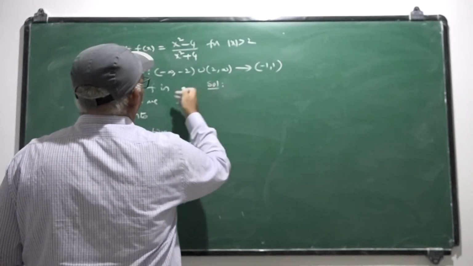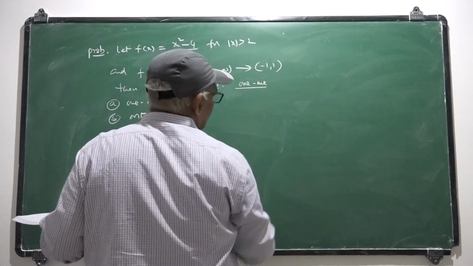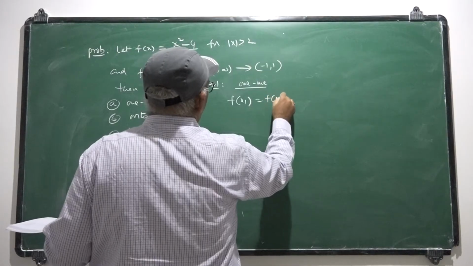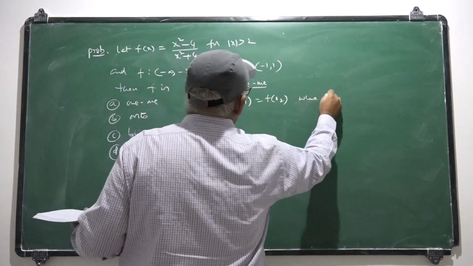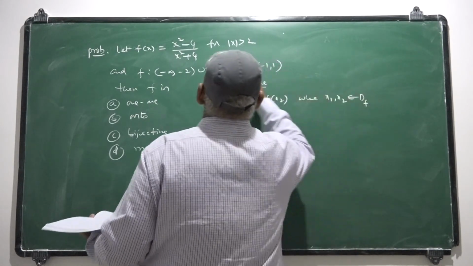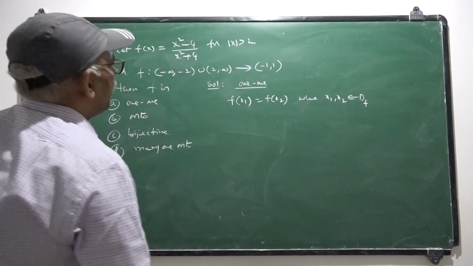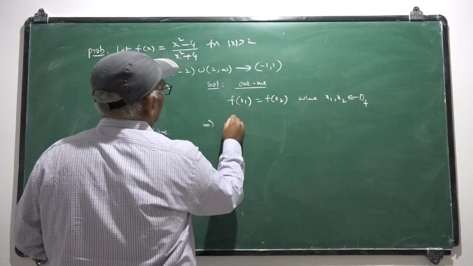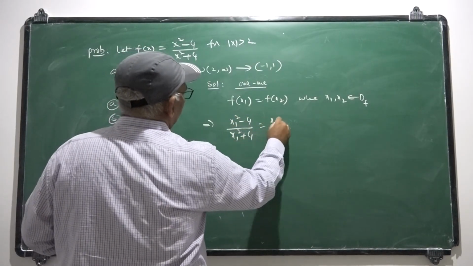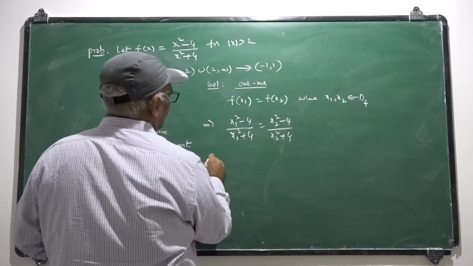Let us go through the definition of 1-1 and onto. Let us observe the 1-1 nature of the function. Let us consider f of x1 and f of x2, where x1, x2 belong to the domain of the function. f of x1 equal to f of x2 implies (x1 square minus 4) by (x1 square plus 4) equal to (x2 square minus 4) by (x2 square plus 4).